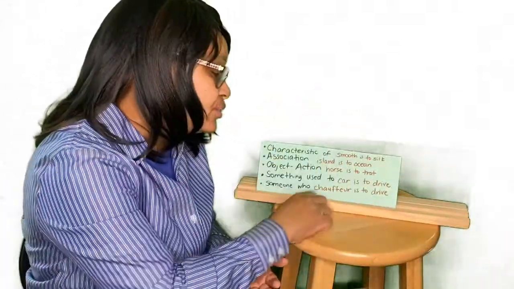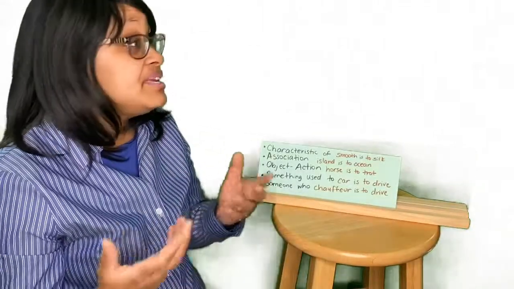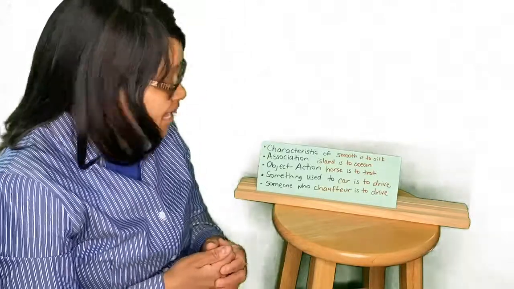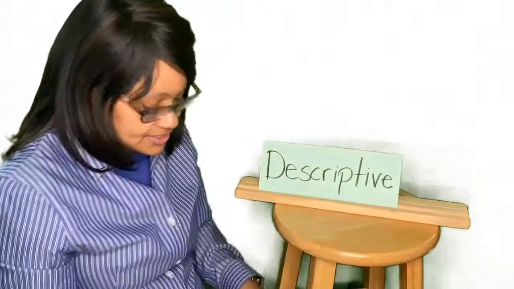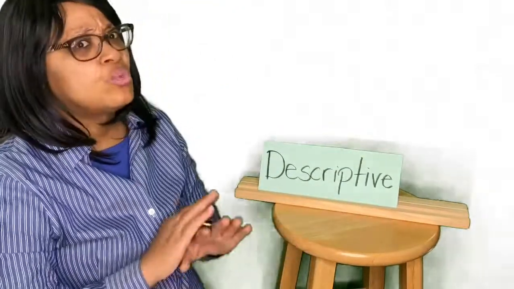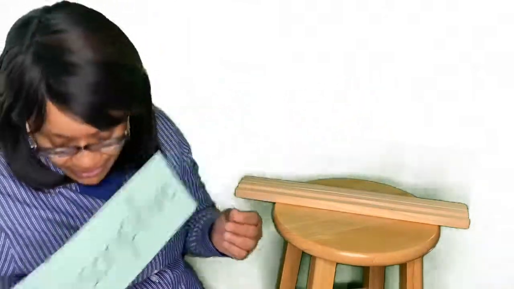So someone who, chauffeur is to drive, as maybe a chef is to cooking. So these are descriptive analogies. That's just the beginning of the different types of relationships. There's way, way more relationships, and we don't have time to go over all of them. But if you know those, that's off to a good start.